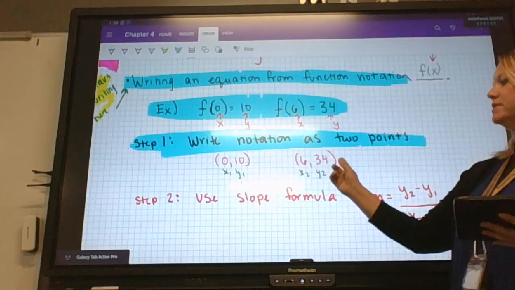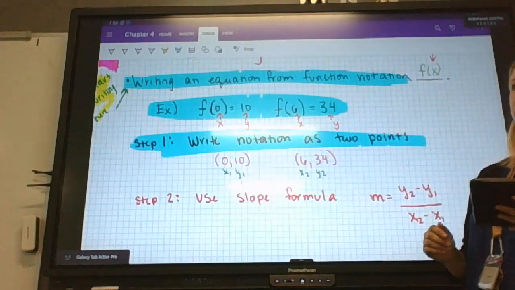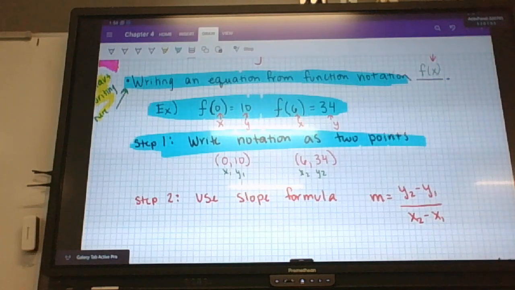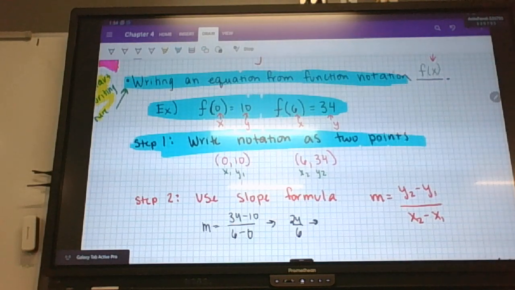If you do 10 minus 34 on the top, you do 0 minus 6 on the bottom. So I'm going to do 34 minus 10 over 6 minus 0. Any questions so far? No. So that's 24 over 6. I think I know 24 divided by 6 is 4. So now I know my m value is 4.